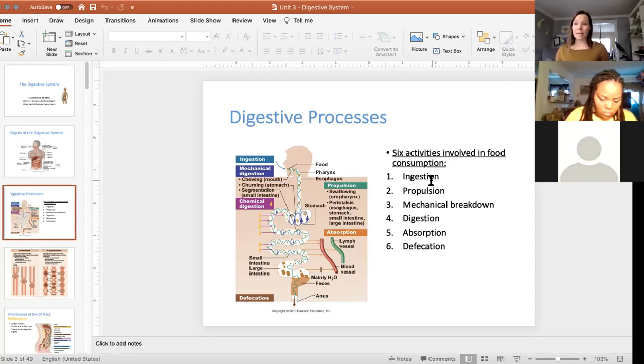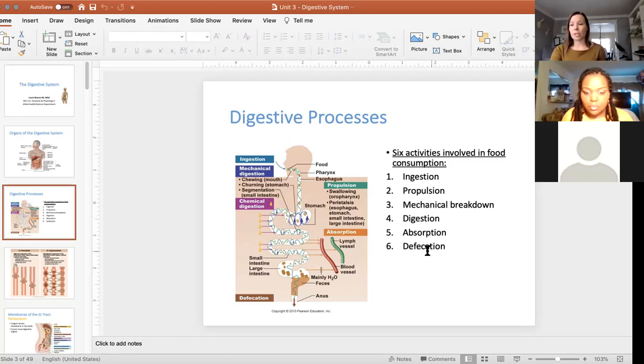Enzymes chemically break food apart. They break molecules into smaller molecules or atoms. Once that is done, then you can have absorption. Those smaller molecules or atoms can be absorbed across the wall of the digestive tract and into the bloodstream.